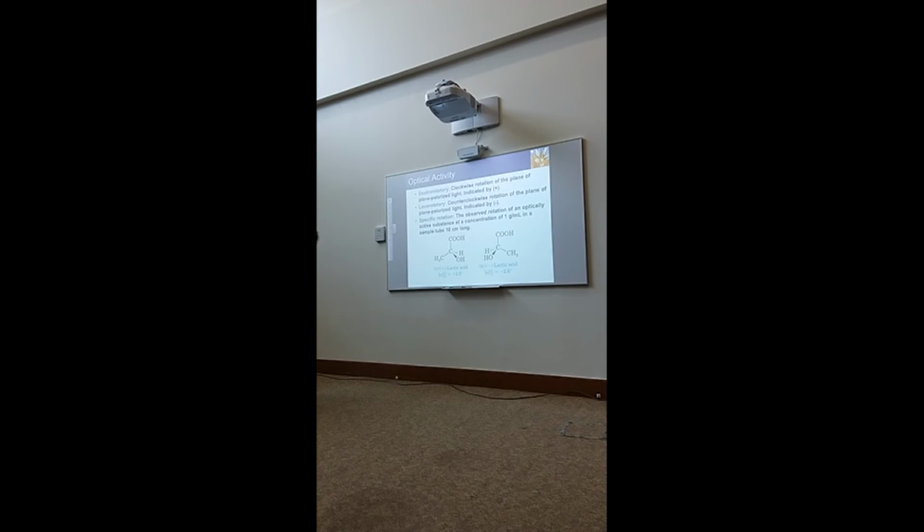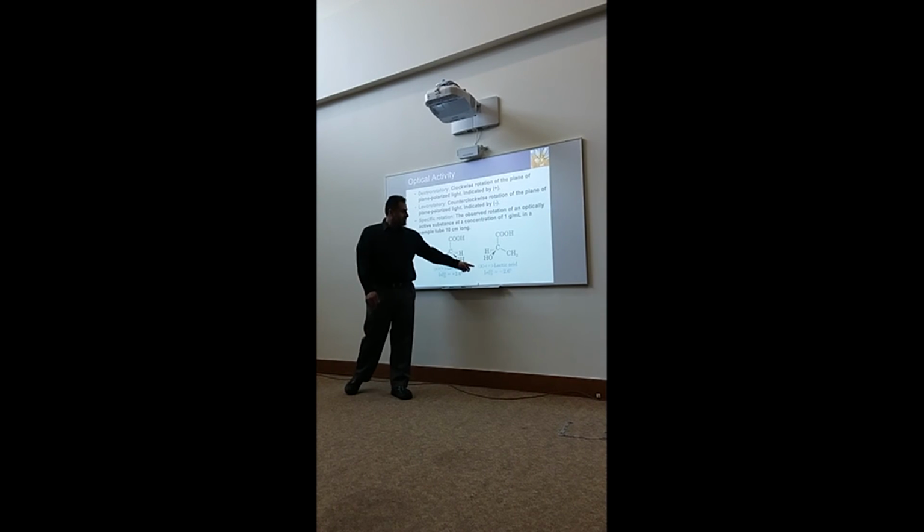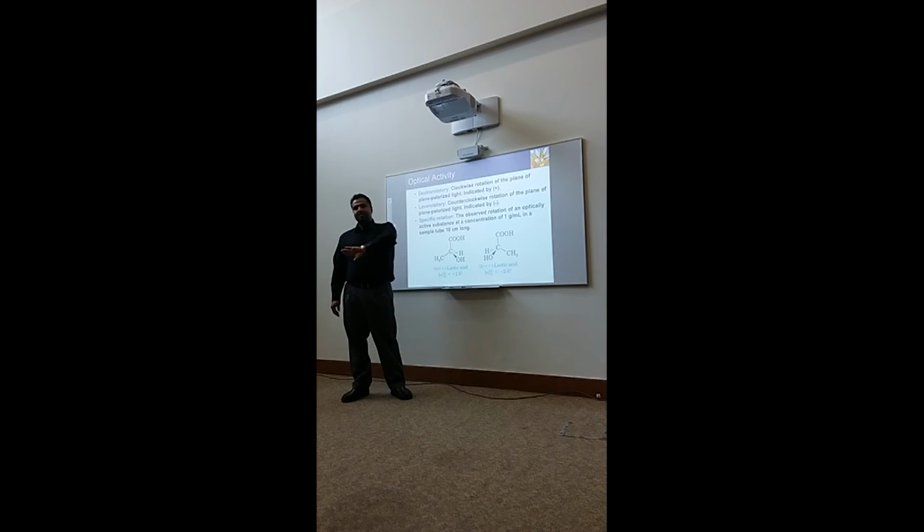That means it rotated the polarized light clockwise. That's what plus means. And the R is minus, that means it's the other way around. Now, is it always going to be R negative and S plus? No, it depends on the sample.